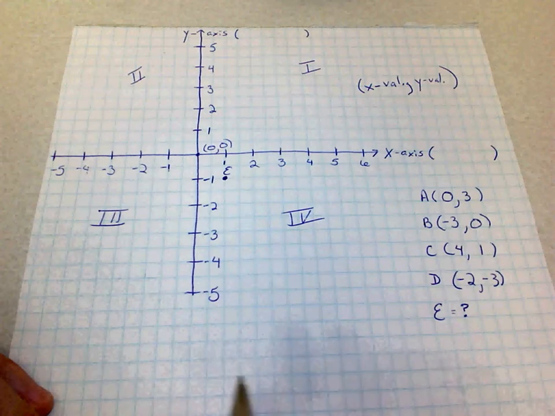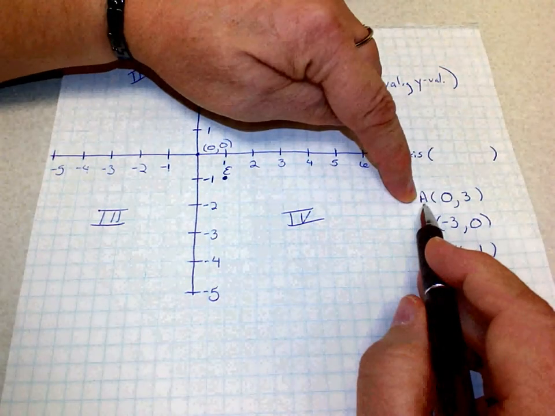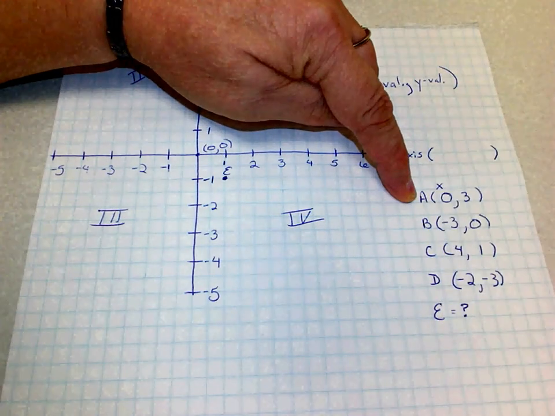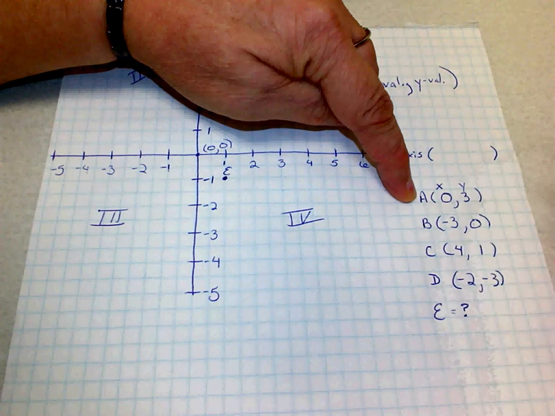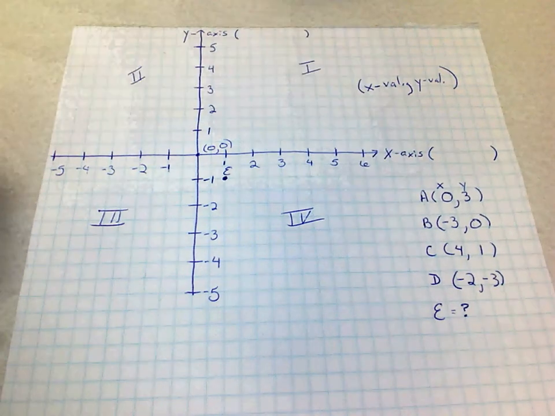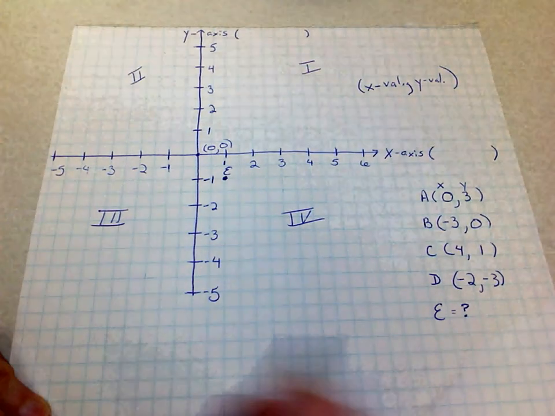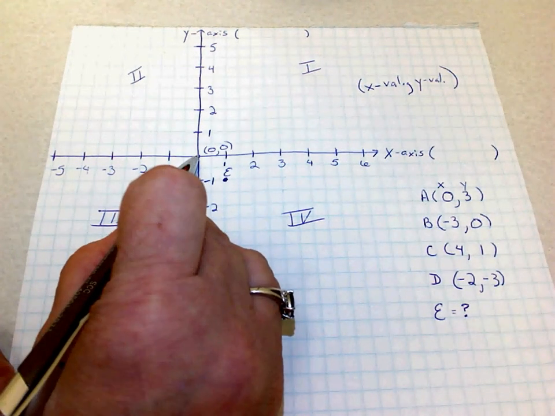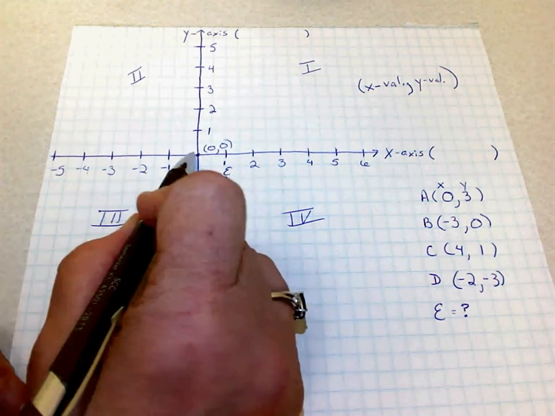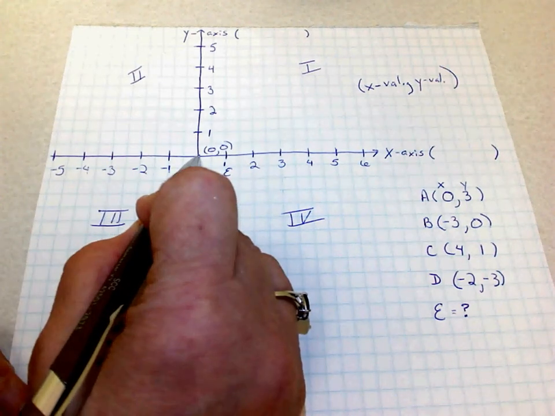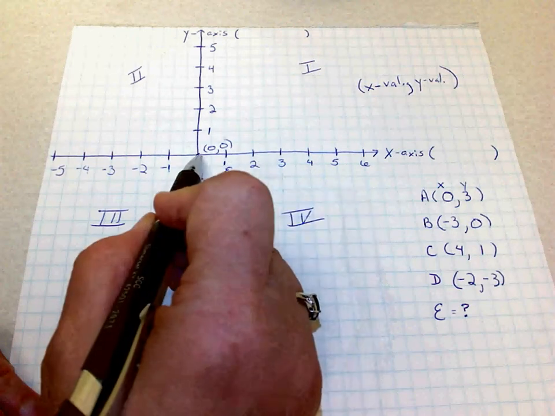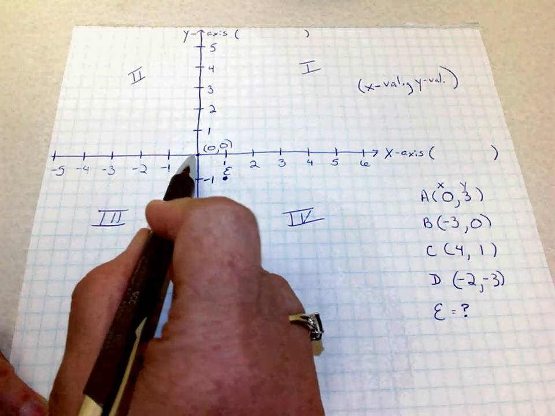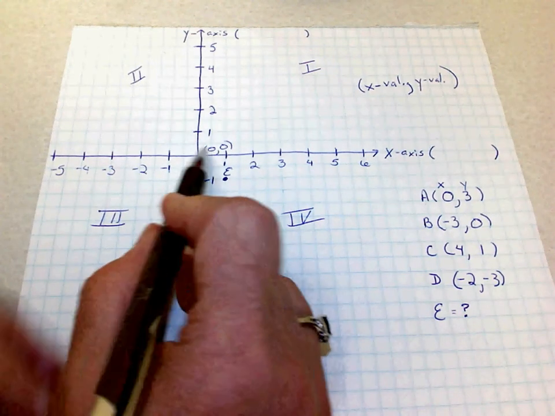Alright? So if I have this point A, it's at x equals 0 and y equals 3, where those two lines cross. Well, x equals 0 right here. That means I don't go to the right or to the left, because if I go to the right of 0, I get a positive number. If I go to the left of 0, I get a negative number. And we want our x to be 0.